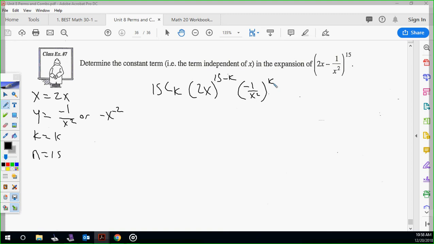Sorry, I changed that. So a couple things. What I think I would do is I want to get these. This is a little bit interesting one. I do actually want to write how I was going to, because if I get them to be 15 minus k, negative x squared k.